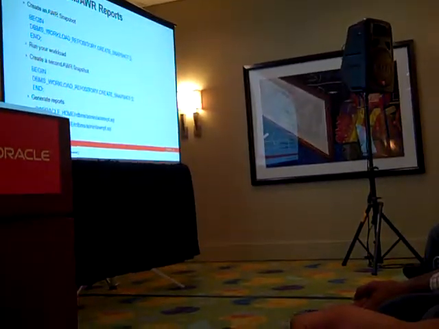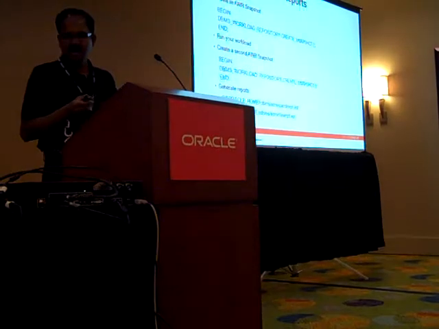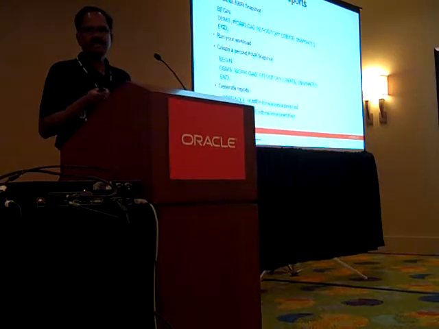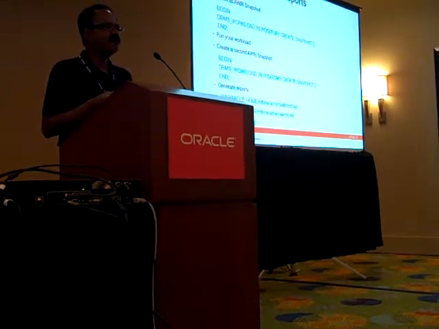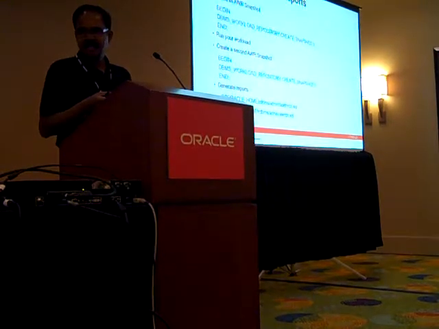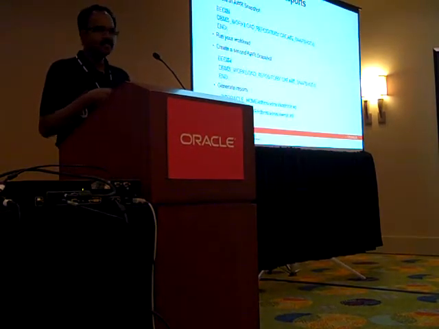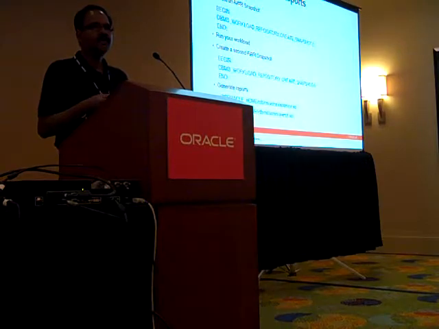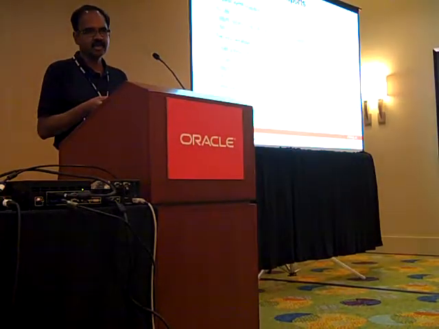To get the ADDM and AWR reports, you would first start out by creating an AWR snapshot. Then you would run the workload. Following that, you would take another AWR snapshot.